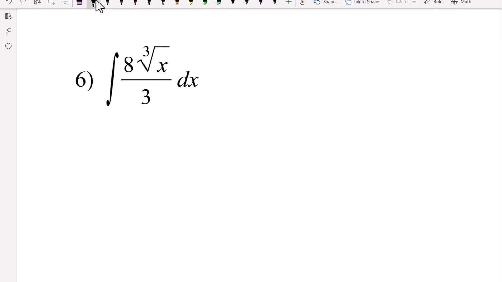All right. The tip here is to rewrite this as a fractional exponent. Now, also, by the way, some professors might say this constant, we can actually, I'll show that in a minute. I'm going to rewrite this as x to the 1/3.